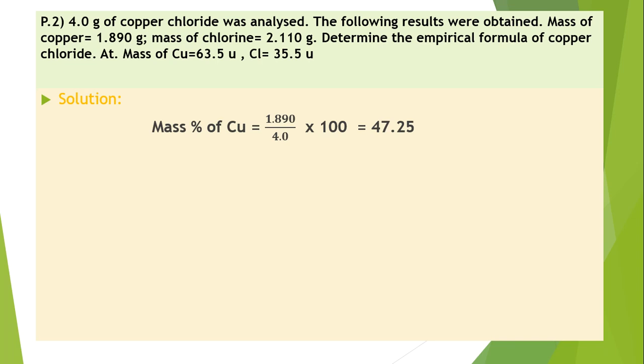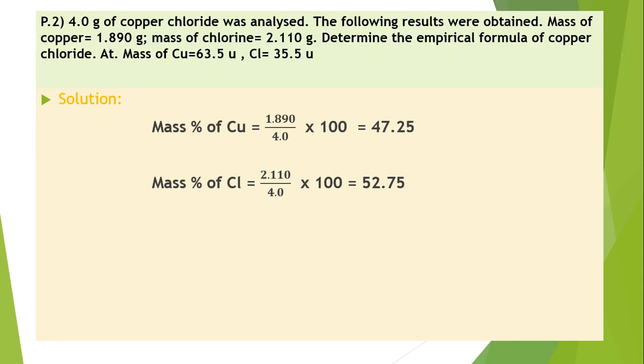When you do this, you will get the mass percentage, and it is 47.25. The next one is the same as we did for copper, you have to do for chlorine also. So mass percentage of chlorine is equal to 2.110 divided by the copper chloride's weight, that is 4 gram, into 100, you will get 52.75. So both the mass percentages we have got right now.